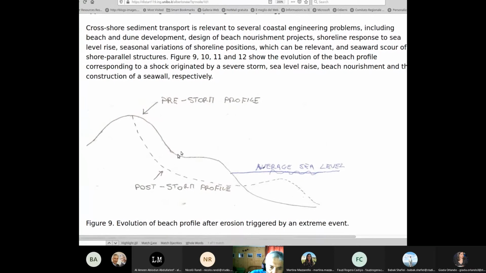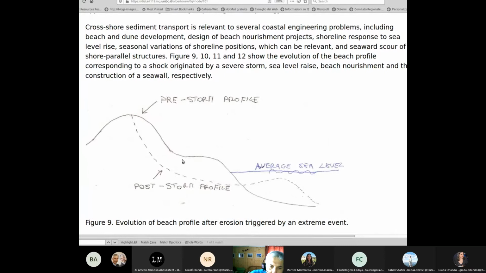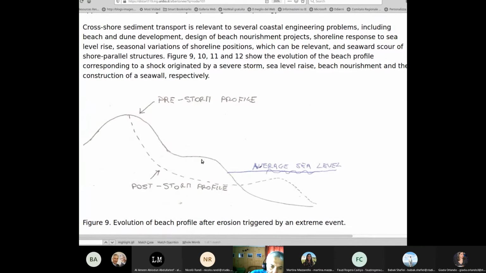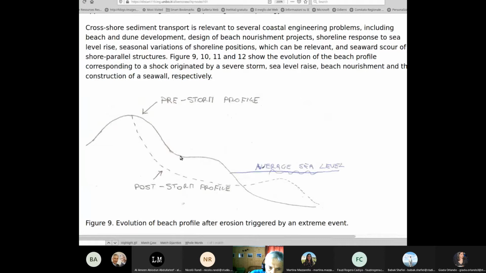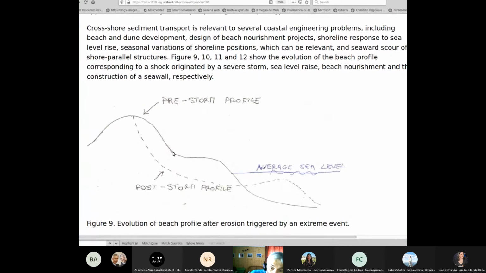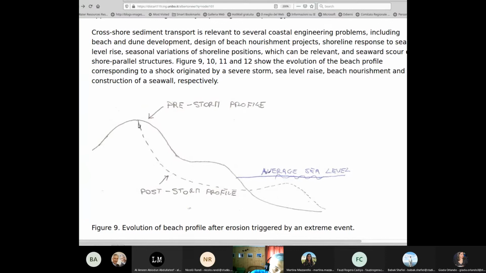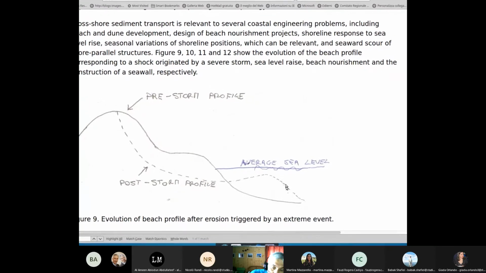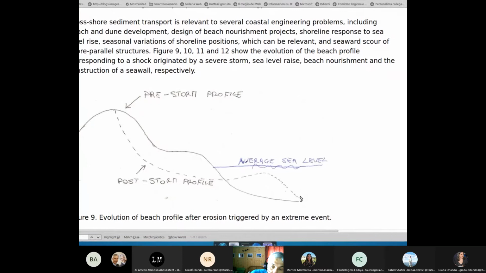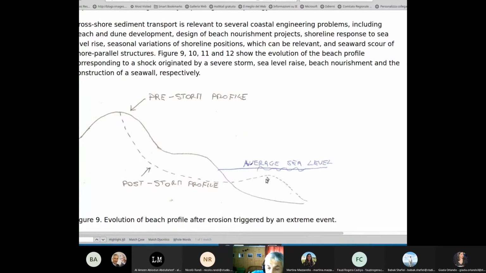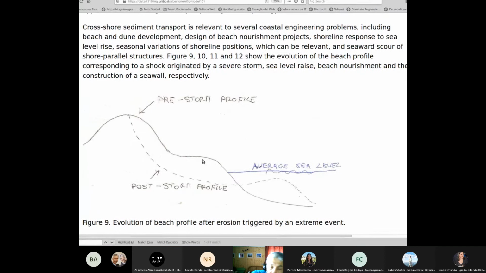The runnel is, as I said, a kind of channel with salt water located between the berm and the dune. And then we have the dune. This is a classical beach. And if you get a storm, the situation that you get may be this one, the post-storm profile. And then, if you have mild conditions prevailing for a long time, it may happen that the bar is brought back to the position of the berm, like we saw in the video.